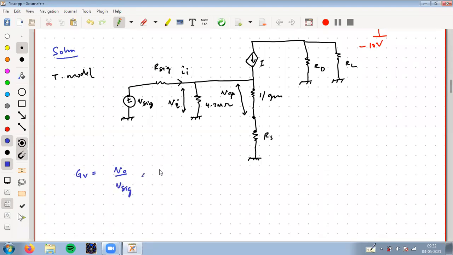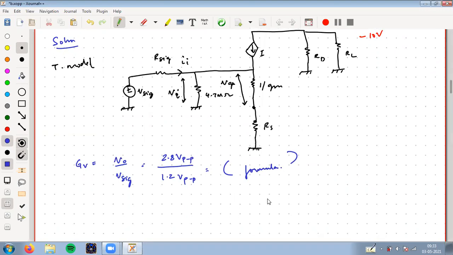He says same output level, so V naught has to be 2.8 volts, and V sig is now 1.2 volts. I have to find the formula for GB, and from this GB formula I have to find the value of RS.